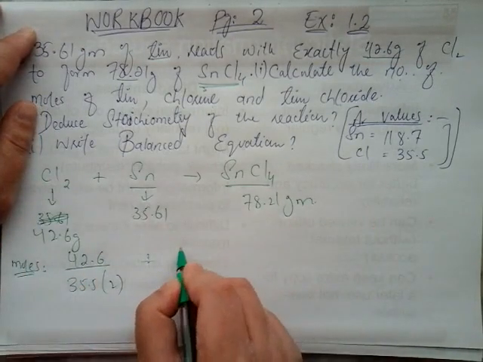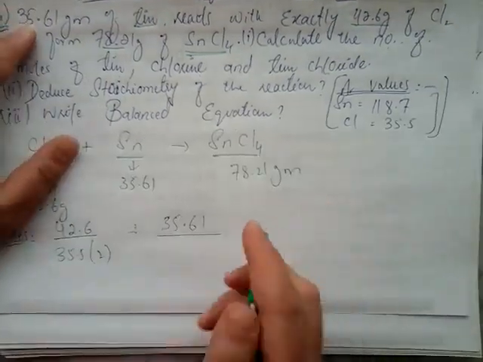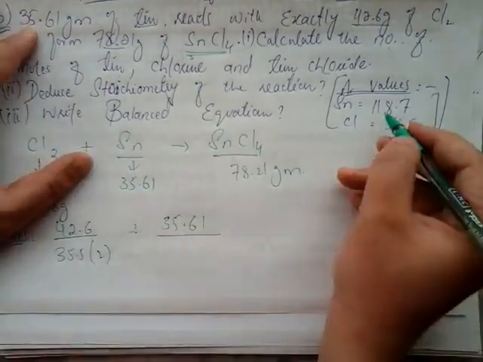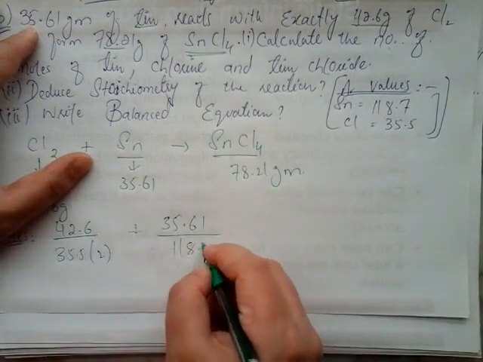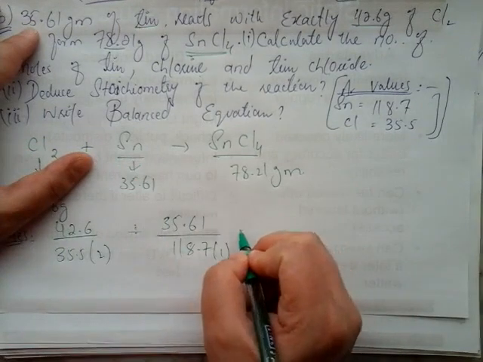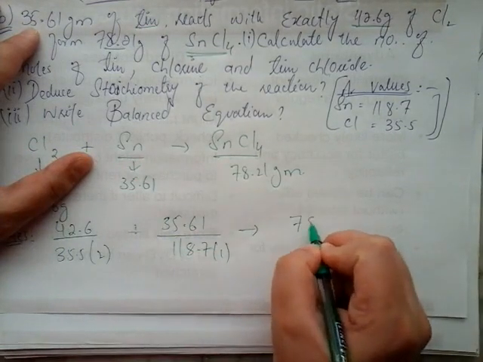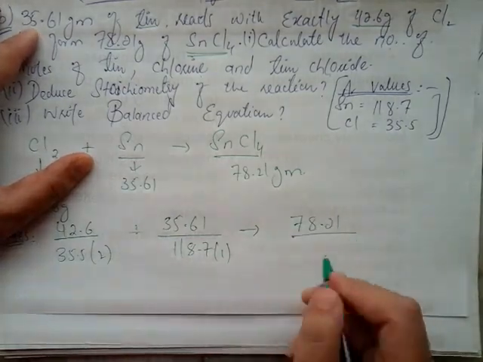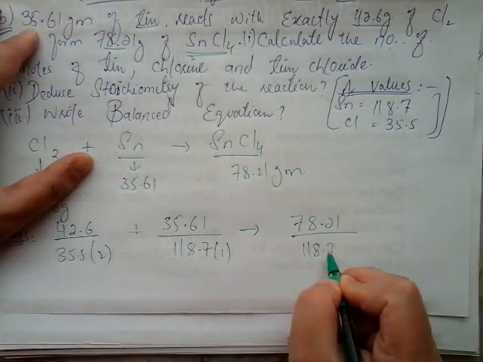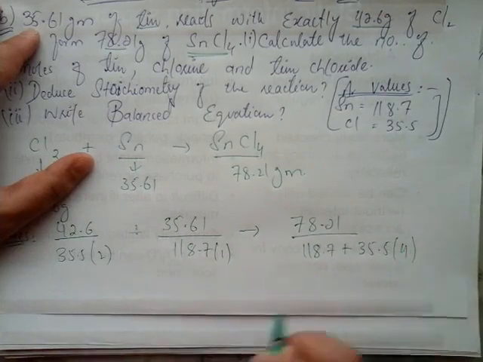So for tin, 35.61 divided by the mass of tin, which is 118.7. On the other hand, tin chloride is 78.21, divided by 118.7 plus 35.5 into 4.